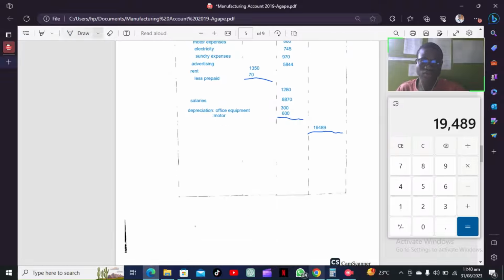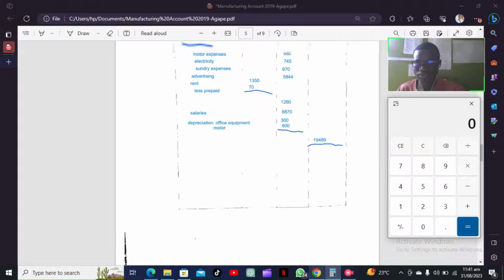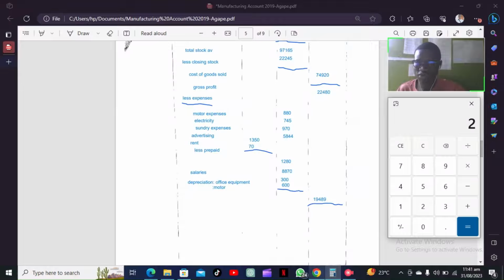Then when you've found this one, remember we said less expenses. So this one has to be deducted from the gross profit on top there. How much was our gross profit? It was 22,870 minus 19,489. What are we getting?